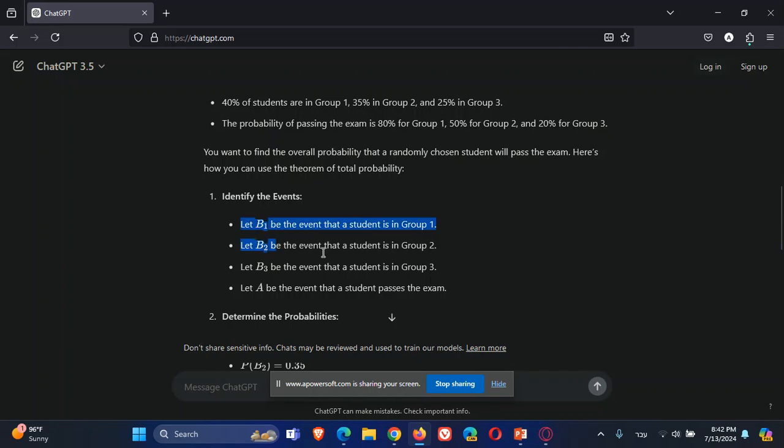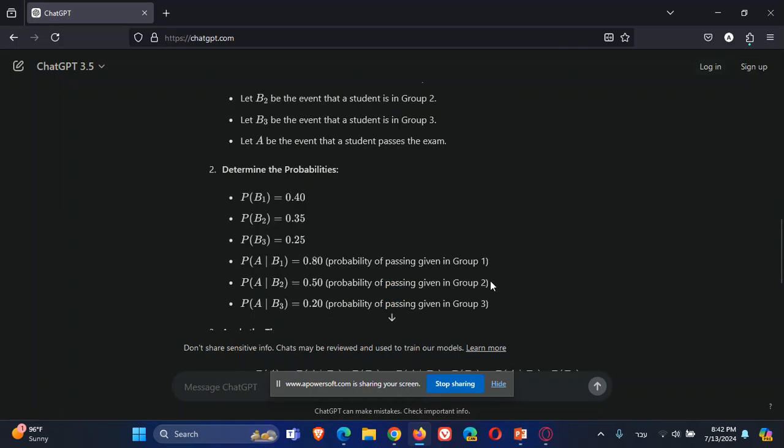So for the theorem of total probability, those groups are the B1 until Bn we talked about. Now we want to calculate the probability that a student passes the test. The probability that I will get a student from B1, who studies regularly, is 0.4, because 40% of students are in group B1.